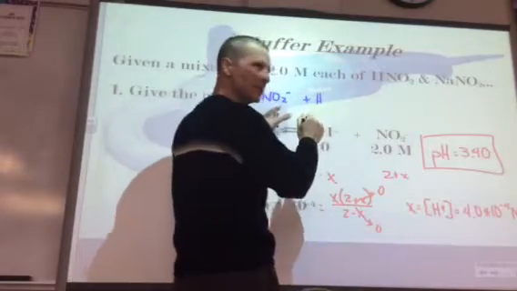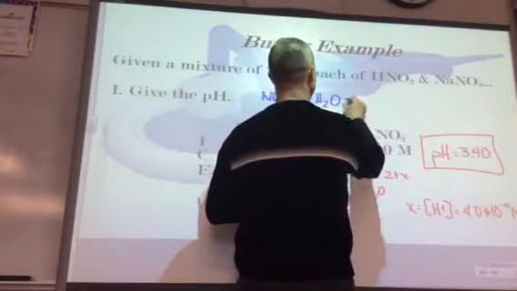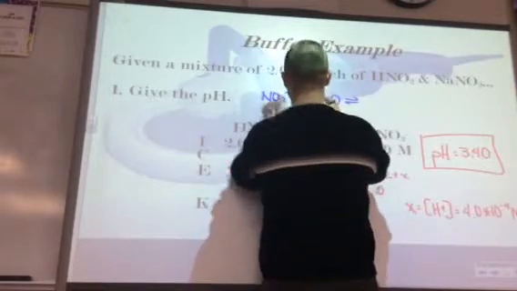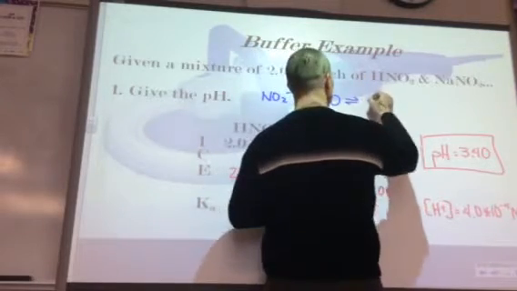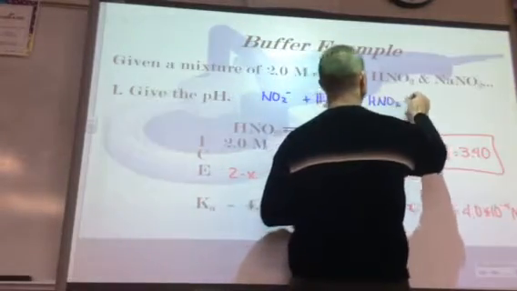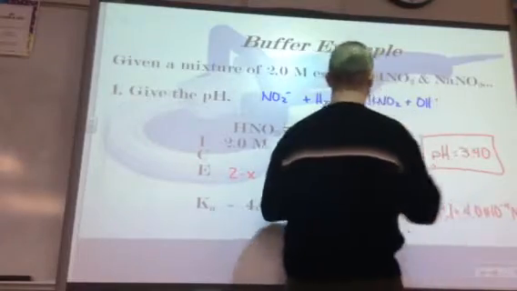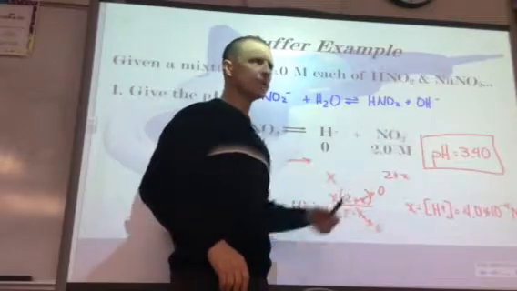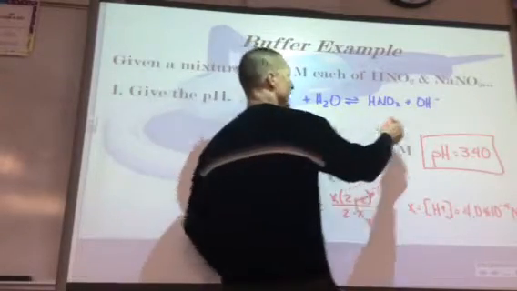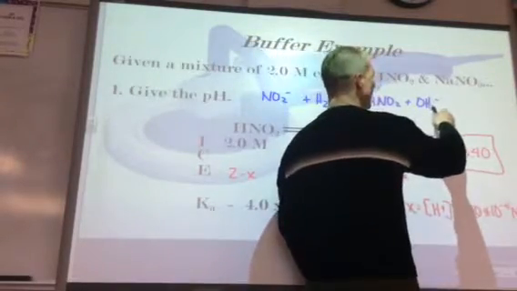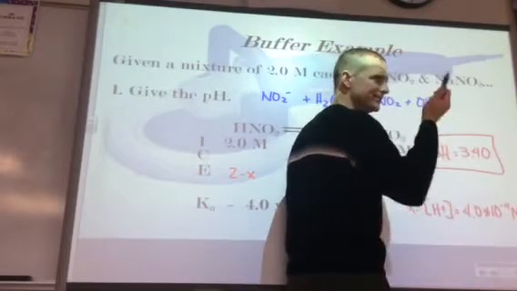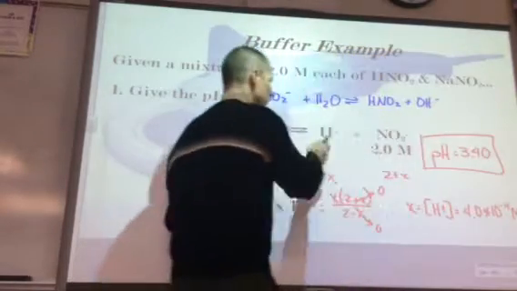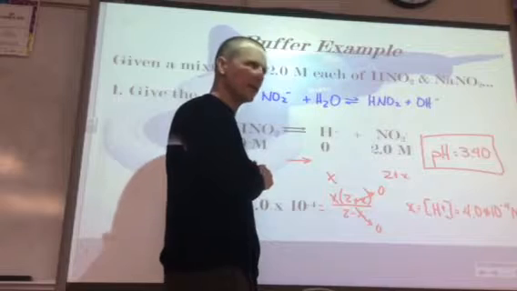NO2 negative is the base in this. This base is going to take a hydrogen off of the water and leave the water as the hydroxide ion. This would be fine. This would get you to the same pH. It's a little bit more work though, because you have to find X, which is the hydroxide ion, and then change it over to the hydrogen ion. I would just keep it with the acid on the left.